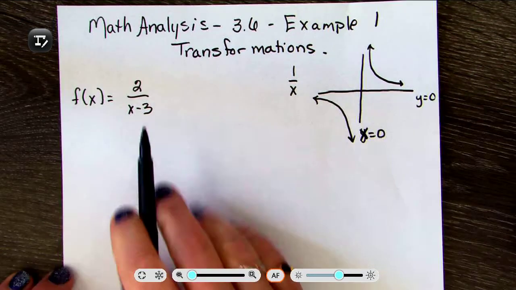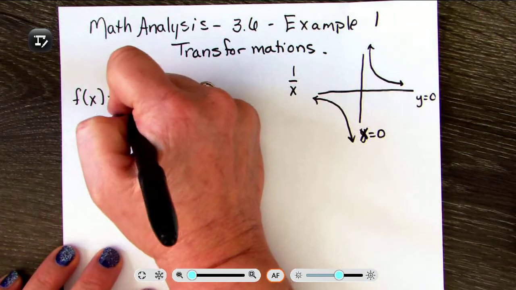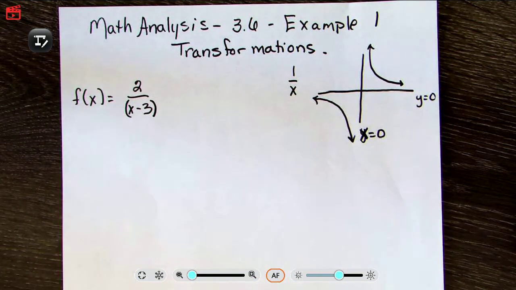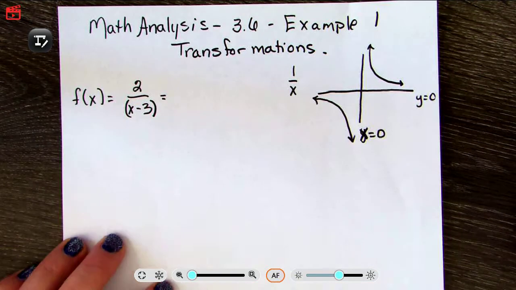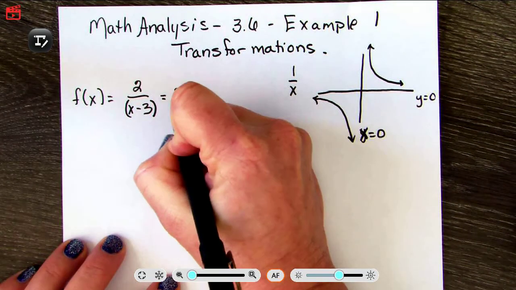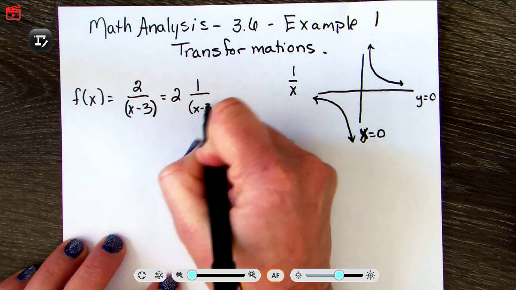Now to see that this is a transformation, I'm going to make it a little bit more apparent. So instead of this x, we have that x minus 3 in there. So that minus 3 that's sitting there is inside that function. I'm going to pull that 2 out front, written this way.